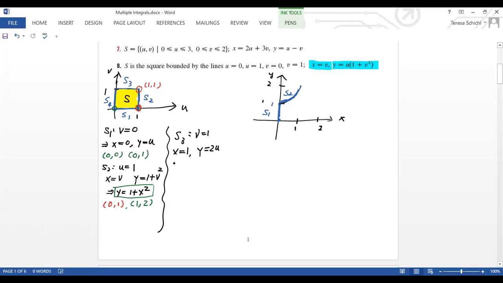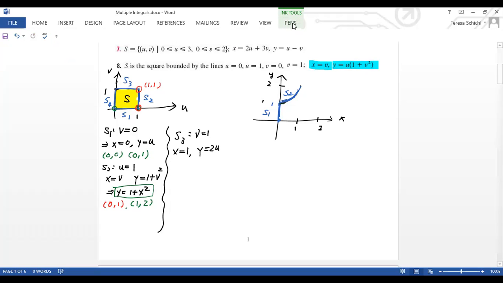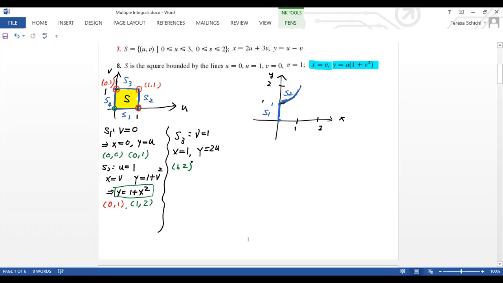So with this point 1, 1, I'm going to give a point of what? Let me use color coding, so make sure we don't mess up the points. So with 1, 1, I'm going to have a 1, 2. Am I right? Okay, now for this one here, this is the 0, 1, right? That means u is equal to 0 and v is equal to 1.